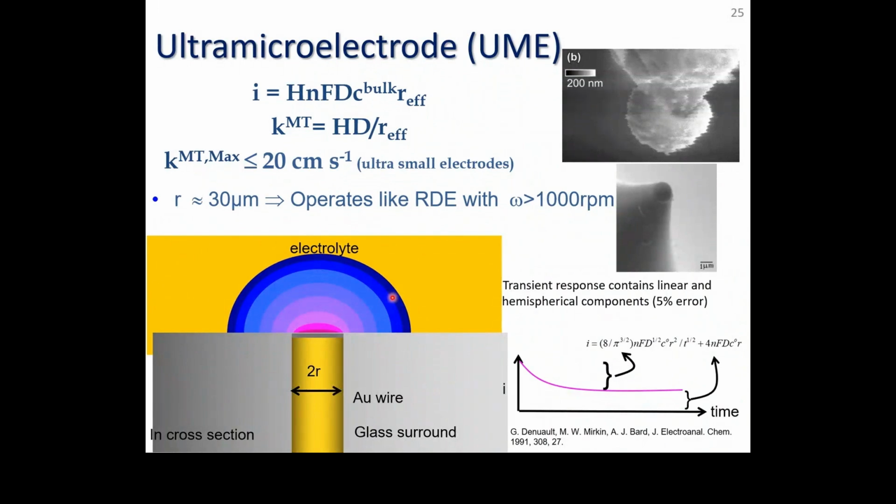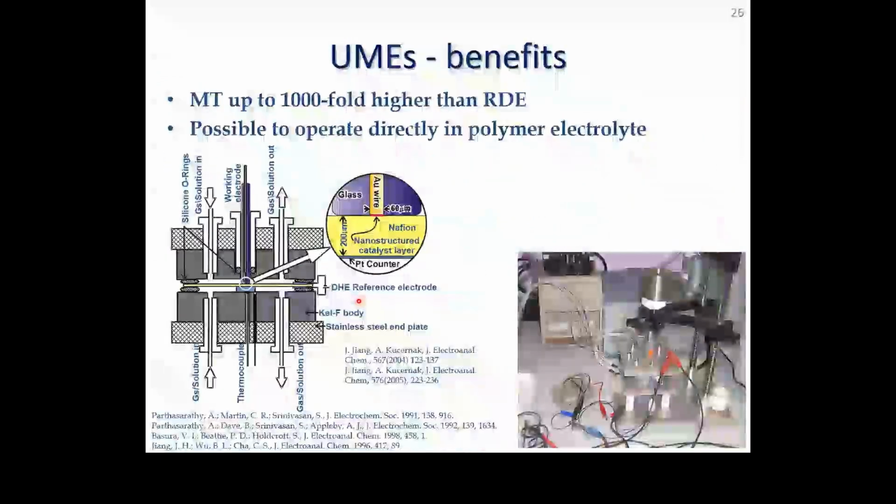Okay, and instead of having a nice uniform diffusion to the surface, you'll start getting some sort of fluctuation. And so mass transport's up to 1,000 times faster than the rotating disk electrode. One of the other nice things you can do here is you don't have to use a liquid electrolyte.